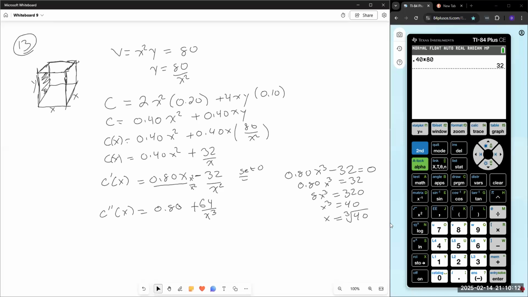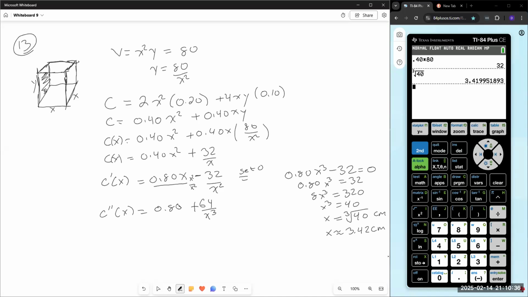And I want to figure out what that is approximately for you, because you need to measure this in something that makes sense to real life people. So that's about 3.42 centimeters.